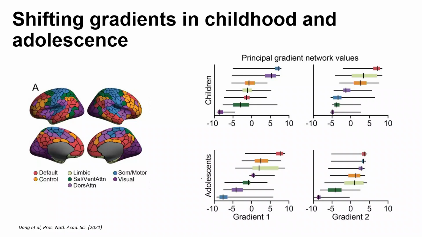The overarching organizational gradient is anchored within the unimodal regions, between the visual and somatomotor regions, whereas the second gradient separates the unimodal and transmodal networks. Conversely, in adolescence, the principal gradient of connectivity transitions into a more adult-like framework, with the default mode network at the opposite end of the spectrum from the primary sensory and somatomotor regions.